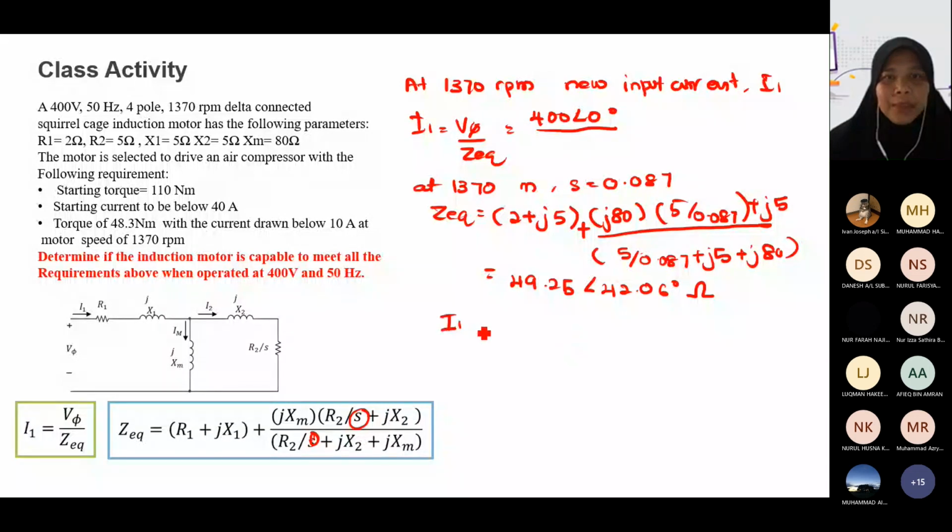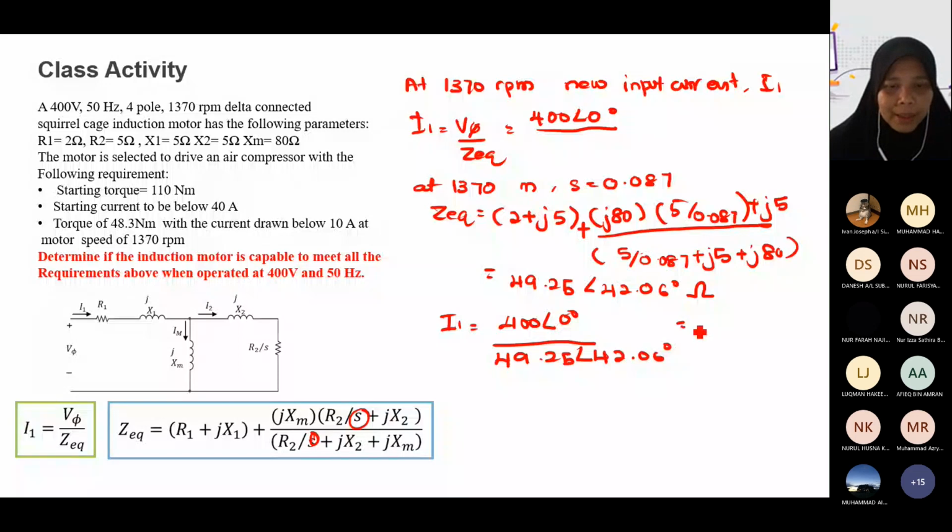So now to calculate the current, put into the equation. Okay, 49.25 angle 42.06. And you will get, berapa dapat ni? 8.04 angle minus 42.06 degree ampere.